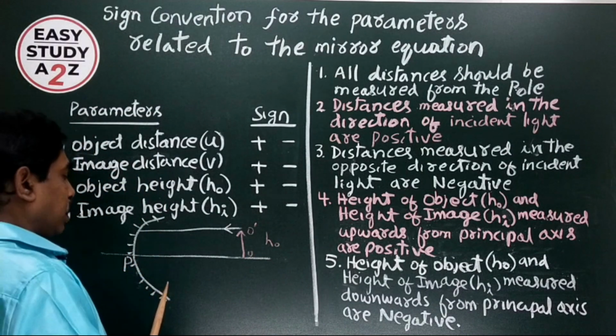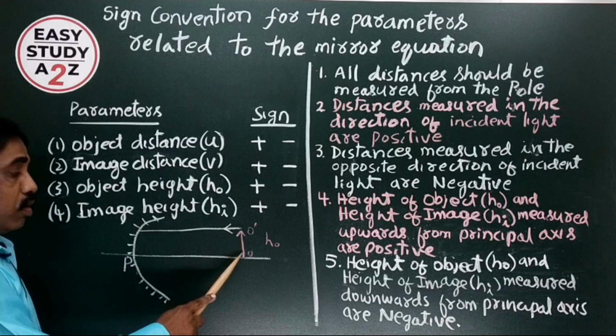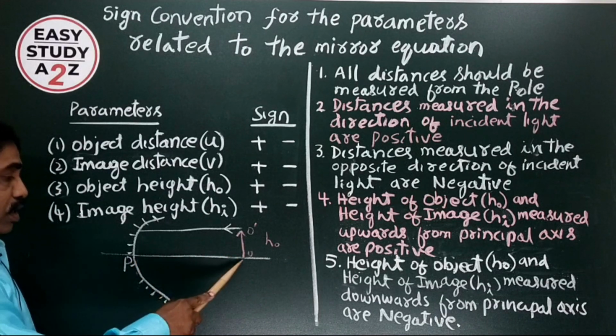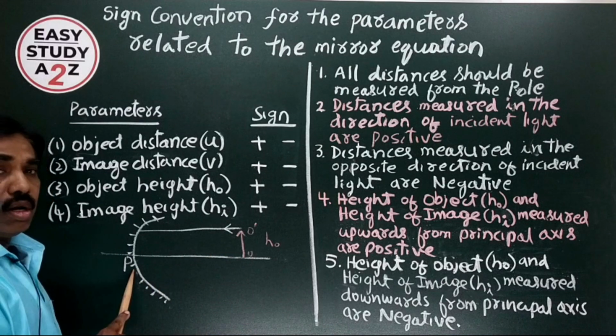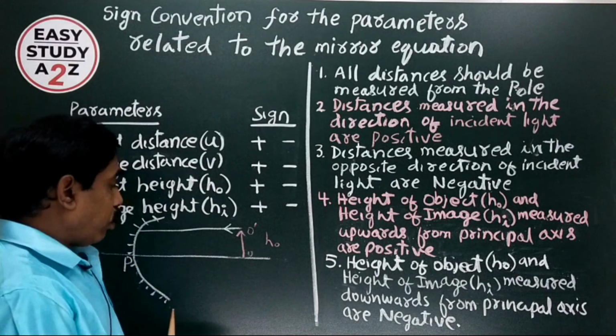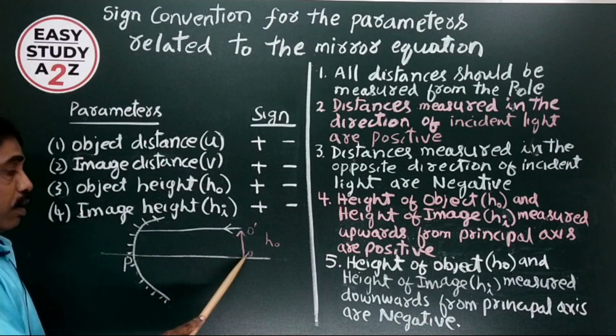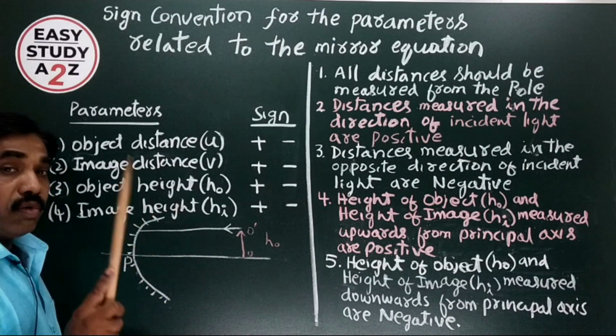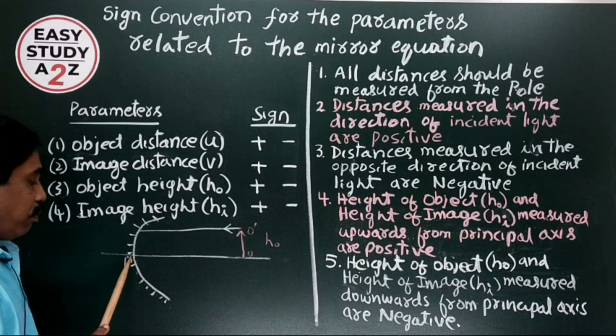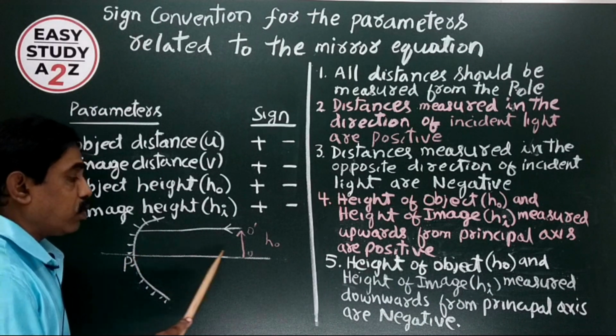Suppose this is the object. Now this object distance you want to measure from O to P, this is the object distance, or you can call it U. If you want to measure U, the object distance, you always have to measure the distance from the pole only. From the pole you have to start.